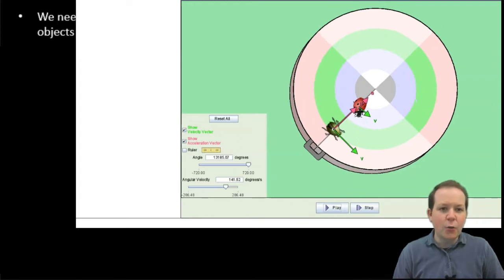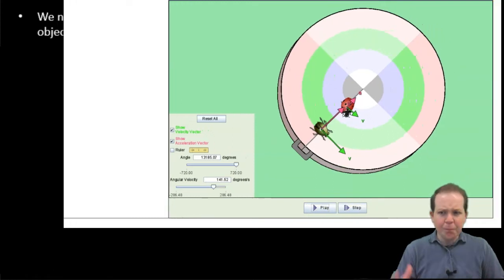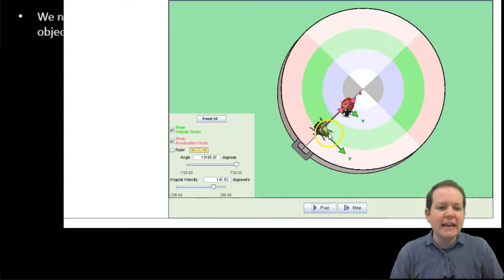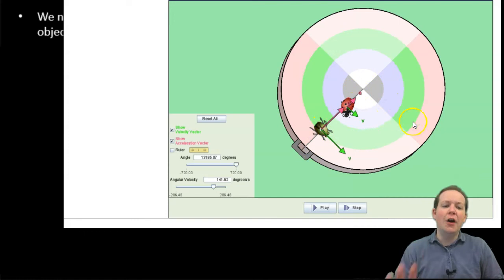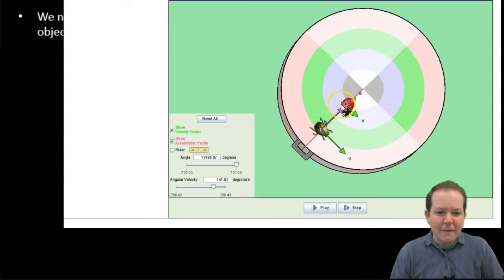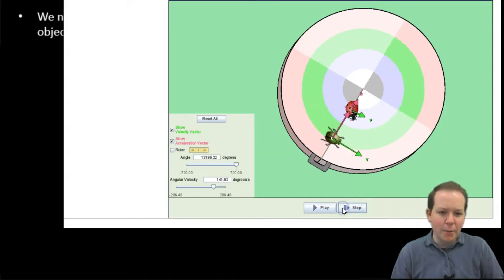And what is that other way? I'm going to slide this over just a little bit. Well, if I instead focus on the angle, hence why it's called angular motion. Right here, the ladybug and the beetle are on the same line. They have different velocities in the normal sense, but in one moment they're here, and the next moment they're there. Then another moment, and another.